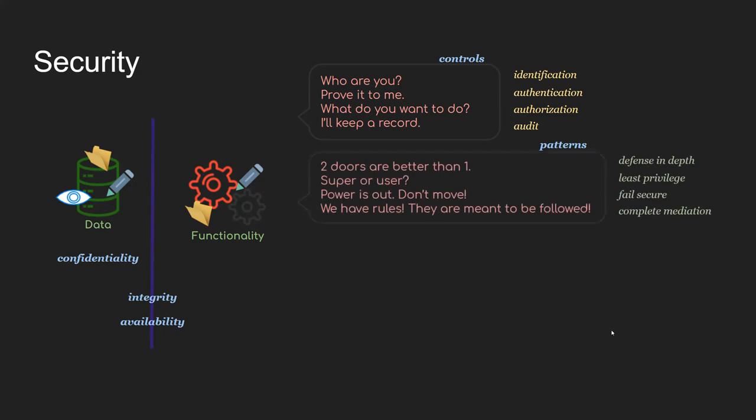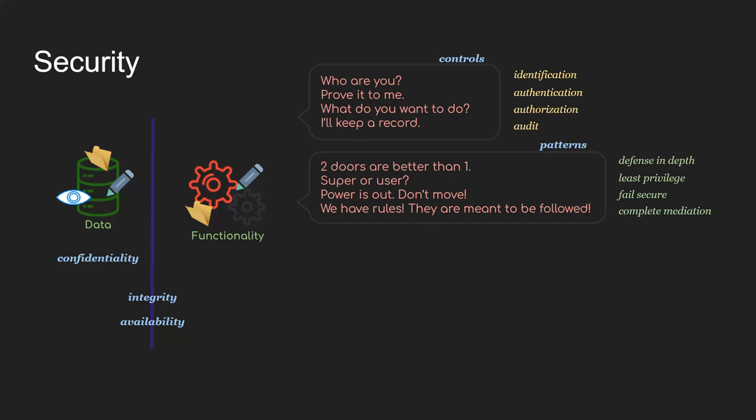We're also going to want to look at certain patterns. We want to look at whether the application or system is built with defense in depth in mind. A castle, if anyone has seen a castle or a house for that matter, you don't have just a door.